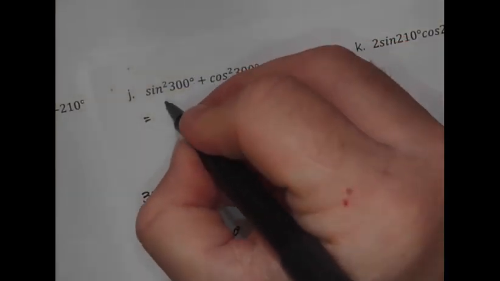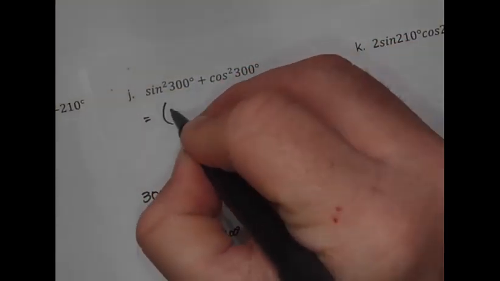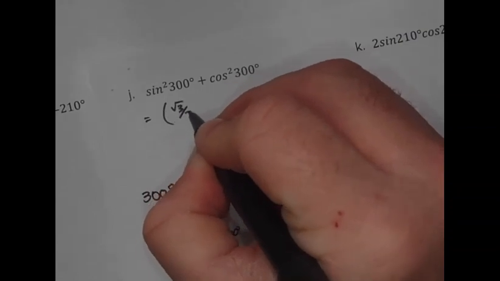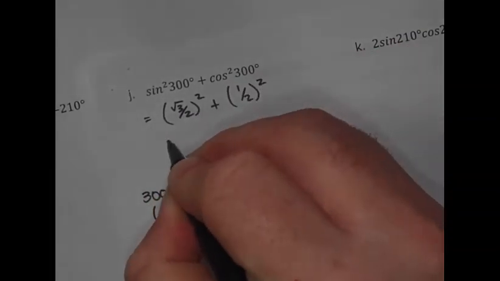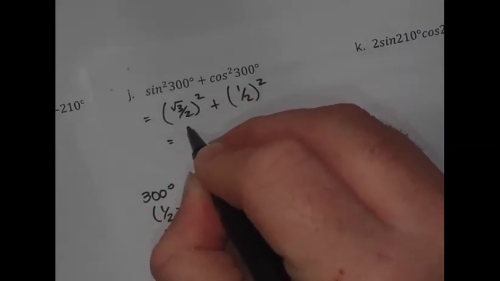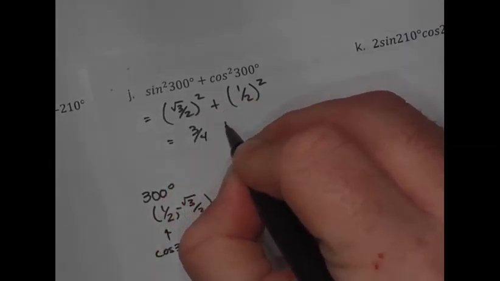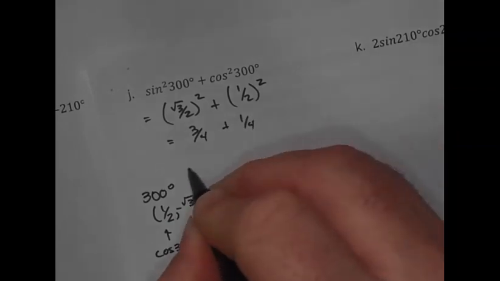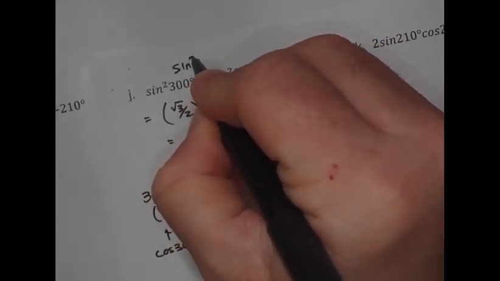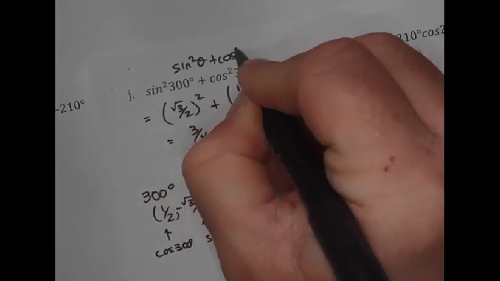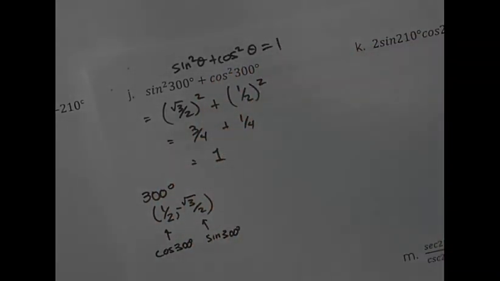I can say that is root 3 over 2 squared plus 1/2 squared. And I square those. That would be 3 over 4 plus 1/4 equals 1. But if you remember this identity, it should always equal 1 anyways.